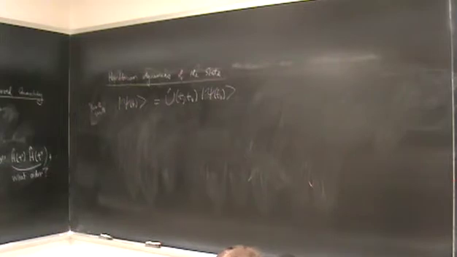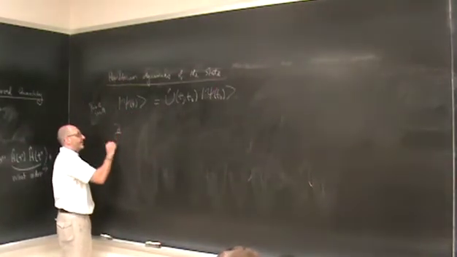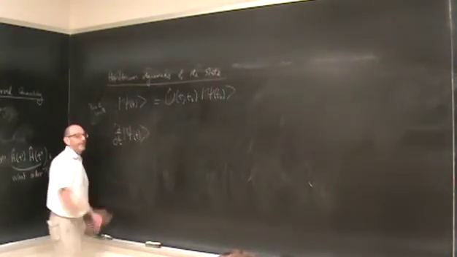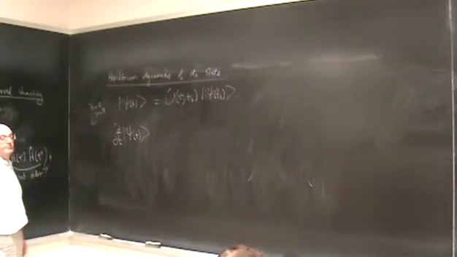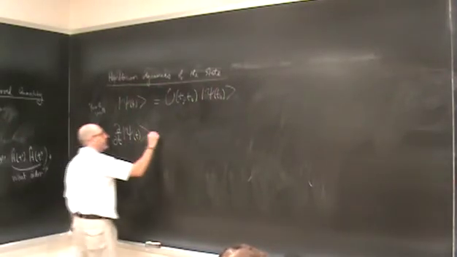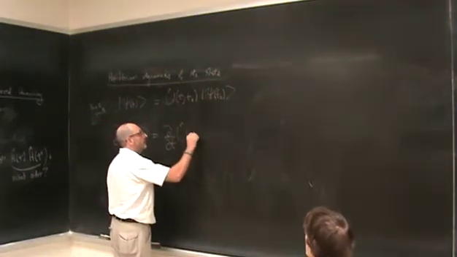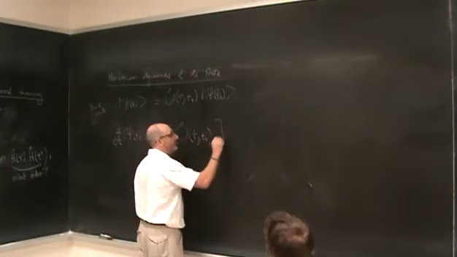So now I want to look at how this thing evolves as a function of time. To do that, I'm going to solve a differential equation. That is equal to the time derivative of that. That's the only thing that depends on t.